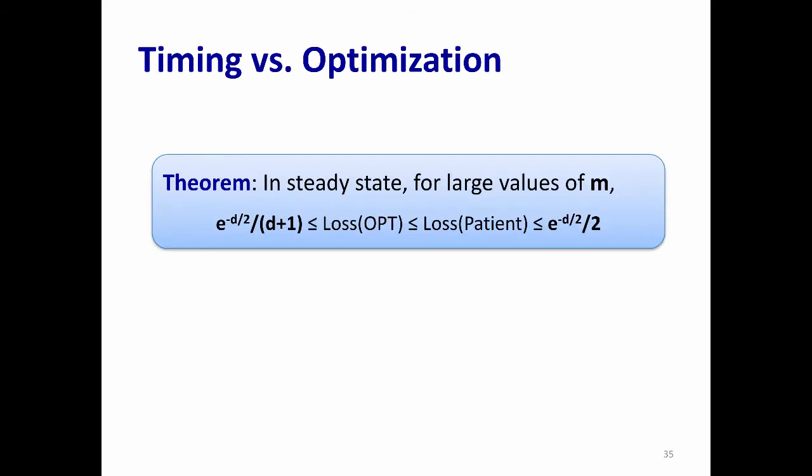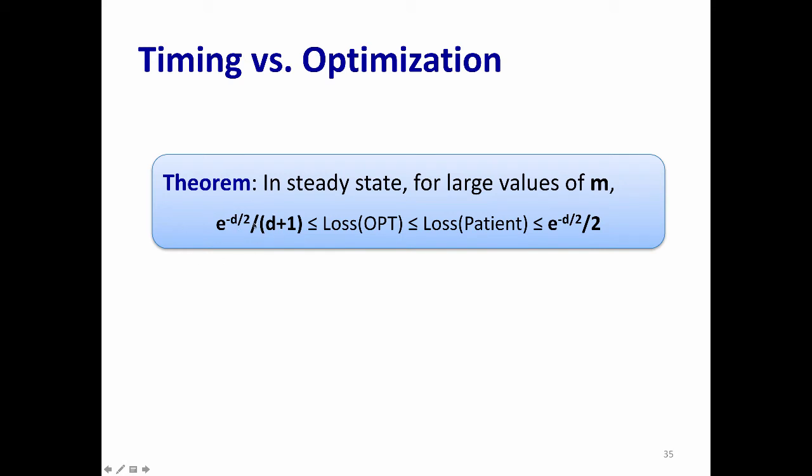Now, in order to complete the picture, I have to tell you what the gains from network optimization are, and that's the second important theorem that I'm going to show you now. It concerns the loss of the optimum algorithm, the algorithm that waits, matches only critical agents, and whenever deciding to match a critical agent, optimizes over the whole network structure. I don't know how that algorithm works, but I can use some random graph techniques to bound its performance.